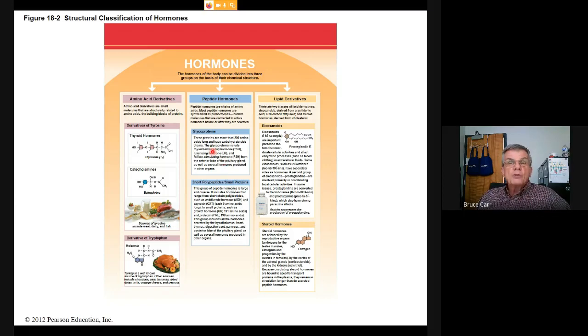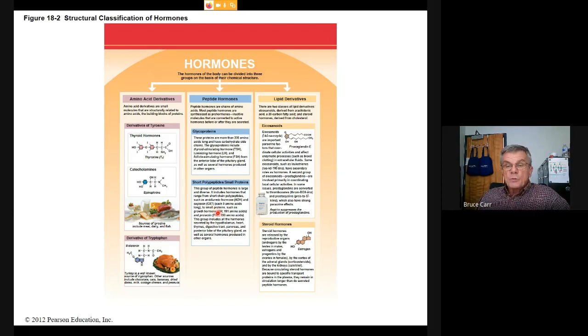What does that mean? Glyco means sugar, right? So it's a protein with a sugar group attached. The pure polypeptides, small or larger, produce things like oxytocin and growth hormones, and are released from the pituitary gland as well.